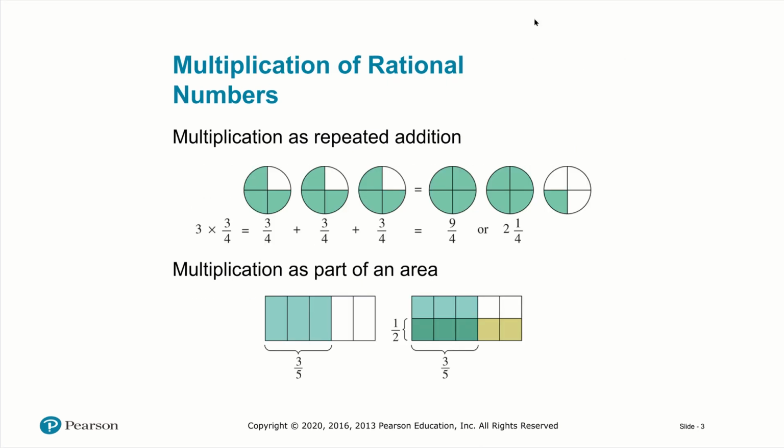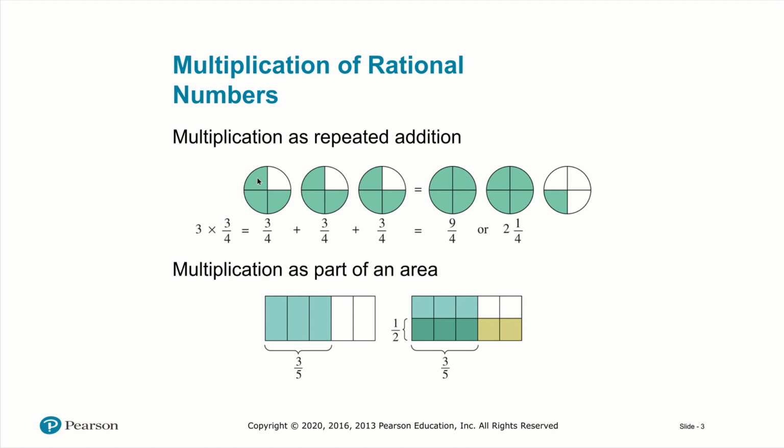Here we have some graphics that help us see how we may introduce this to some of the younger students. For example, if we want to multiply 3 by 3/4, we can see multiplication as repeated addition, and basically go ahead and add 3/4 in this manner 3 times.